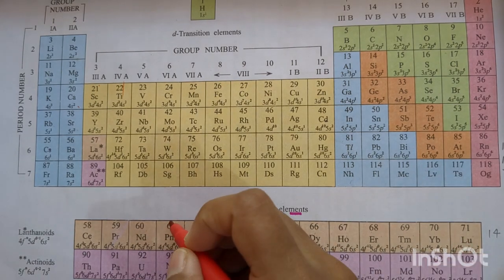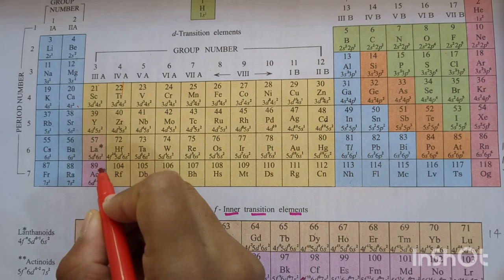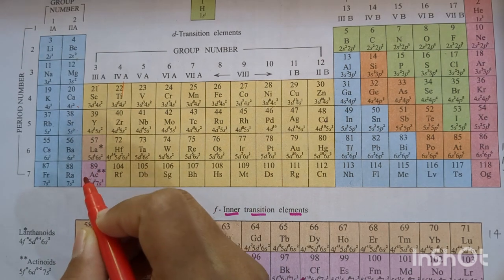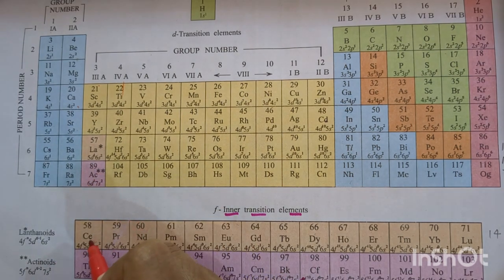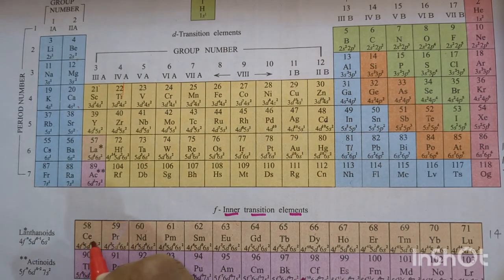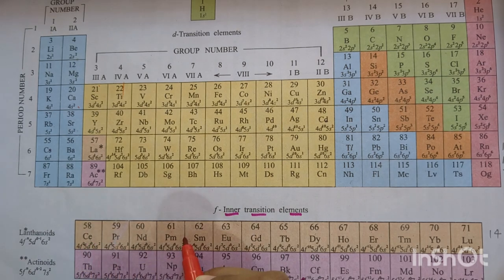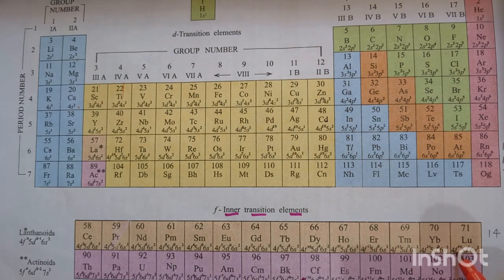The filling up of 4f orbitals begins with cerium. Its atomic number is 58. And the filling up of 4f orbitals ends at lutetium, because here we have 4f14.